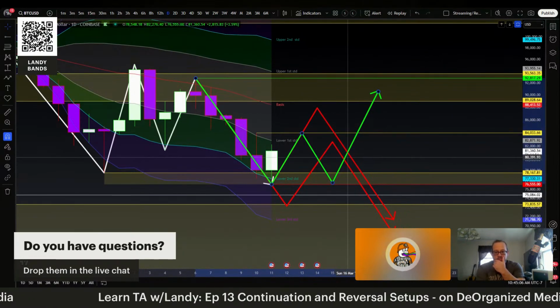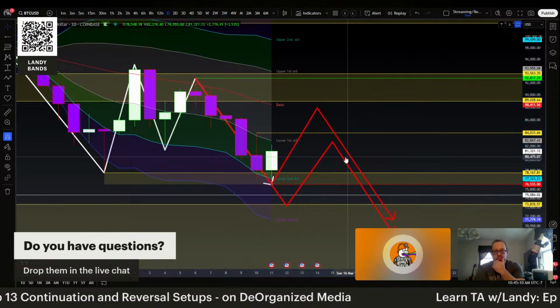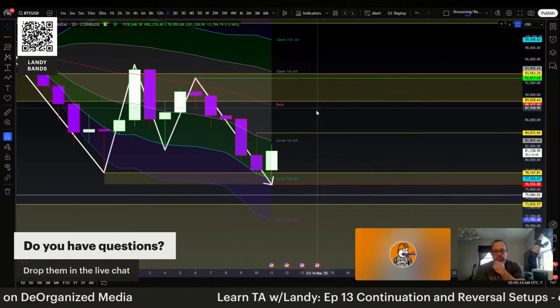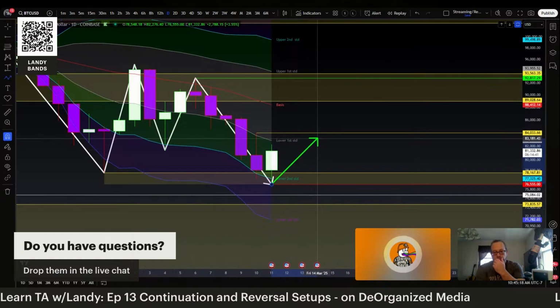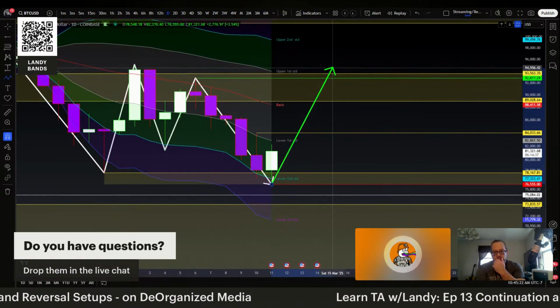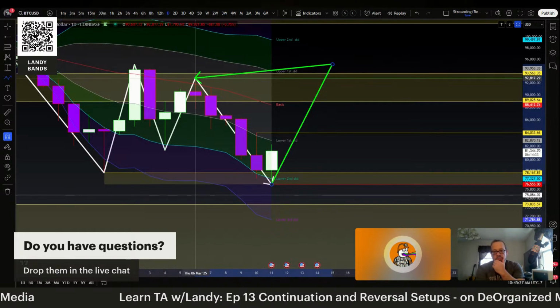And then of course, there's another scenario where it bounces from this lower low structure and takes out the green zone up above, right? We see it bounce from here and then it just goes up and makes a higher high here. And then what do we look for once it breaks the downtrend?